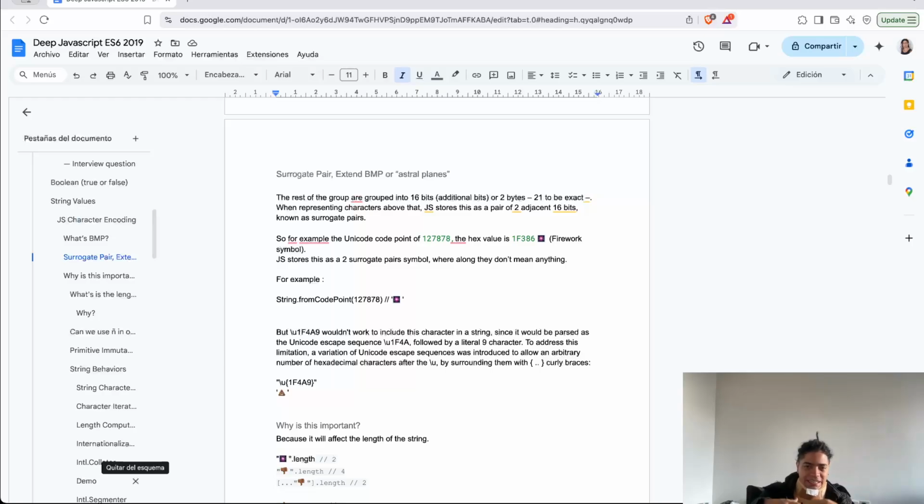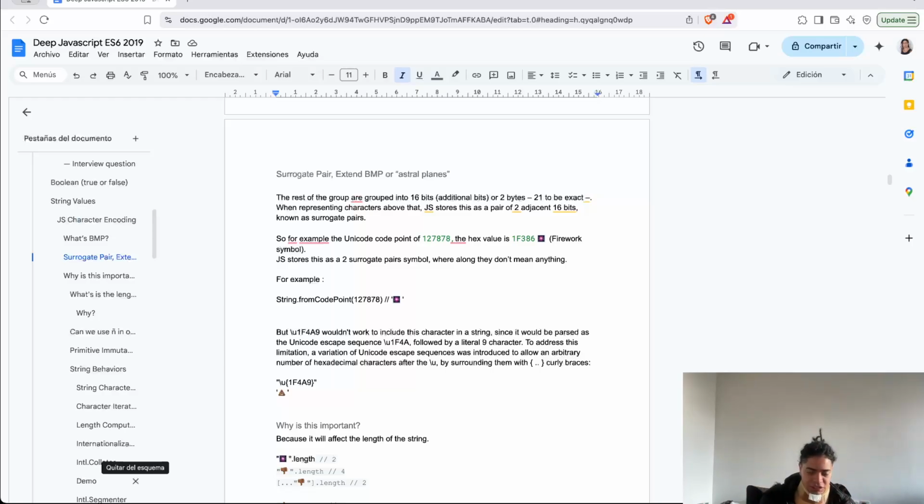So why is this important? Because we now understand what this representation is. Unicode is this character set, the umbrella term to describe how the computer is going to represent symbols, and it has several formats, UCS-2 or UTF-16.